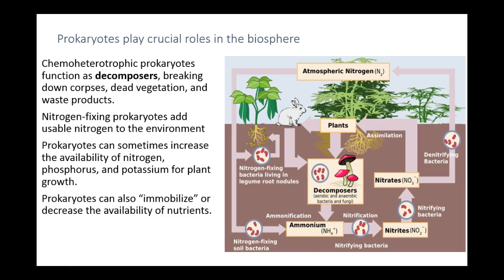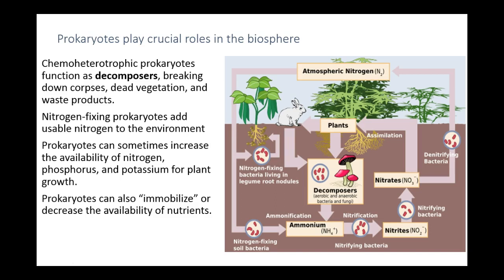Eukaryotes do play a great role in the biosphere. They are primary decomposers, so they break down organic matter, corpses, dead vegetation, and waste product, and basically return it to the soil. So they're part of that decomposing energy cycle. Certainly decomposers that you find in the soil, and you have billions of them in the soil, can help fix nitrogen.